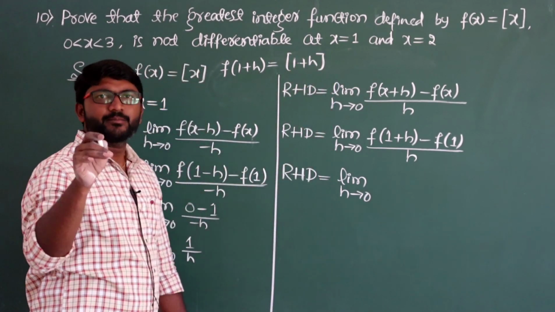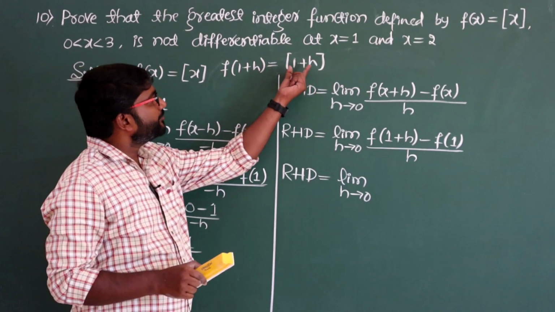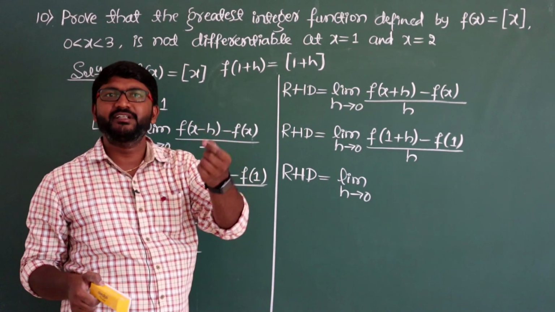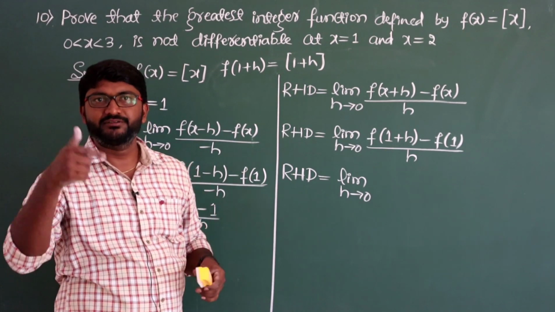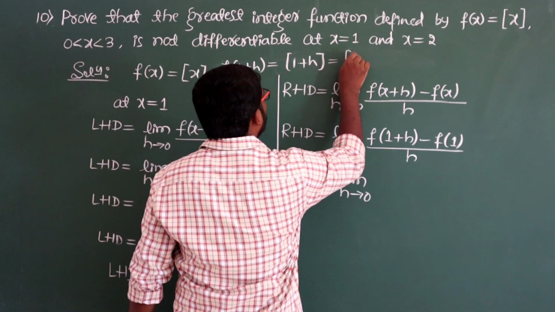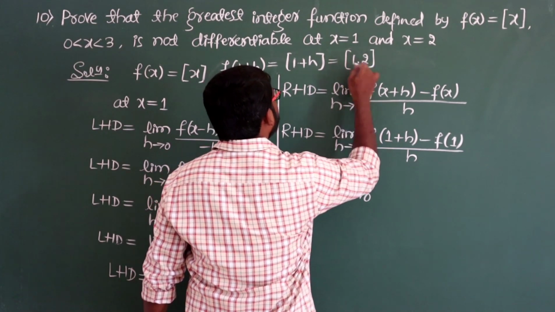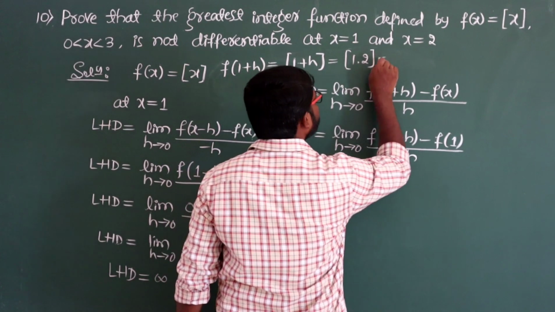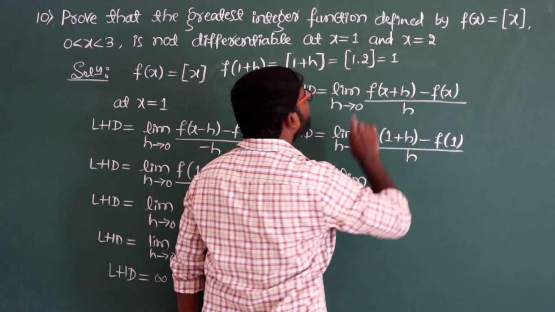Here h is some positive quantity, so 1 plus h will be slightly greater than 1, approximately 1.1, 1.2, 1.3; you can take it like this. If it is the greatest integer of 1.2, then how do you round it off? The greatest integer of 1.2 is 1.